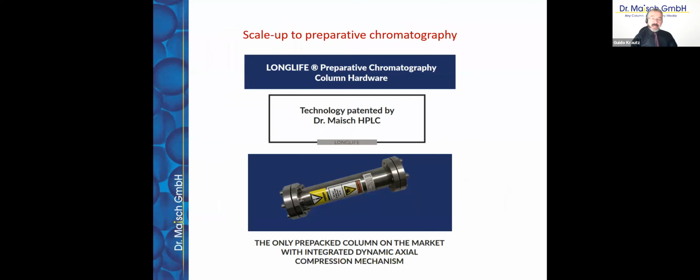I've mentioned at the beginning that chiral chromatography can also be used to separate enantiomers on prep scale. A couple of weeks ago, I spoke about our long life preparative column hardware, which is a patented technology by Dr. Maisch. And it's the only pre-packed column on the market with an integrated dynamic axial compression mechanism.